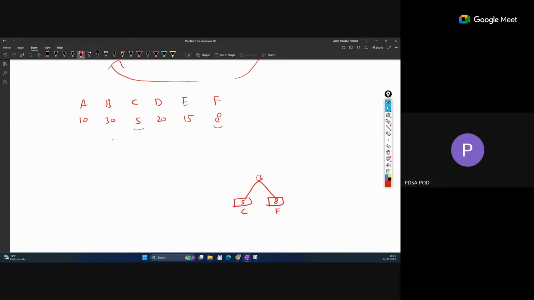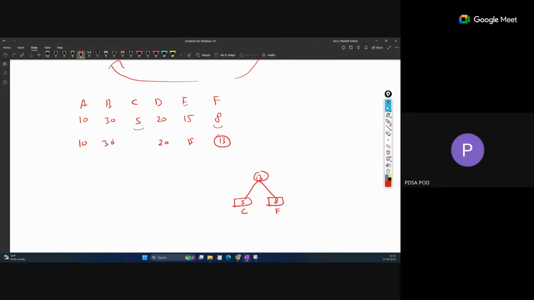Now the remaining frequencies are 10, 30, 20 and 15, and 13 will also be considered in the category. I am marking this as a node frequency which is already in the tree. Again, we select the two smallest.